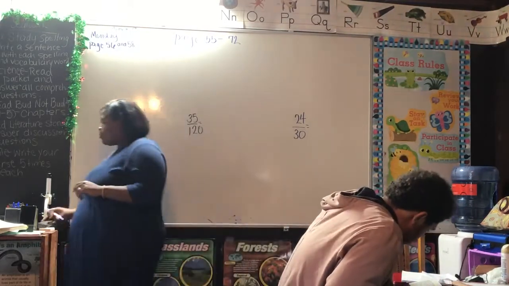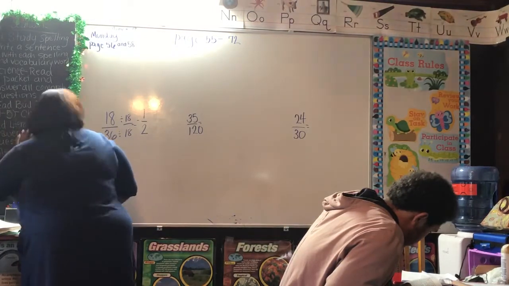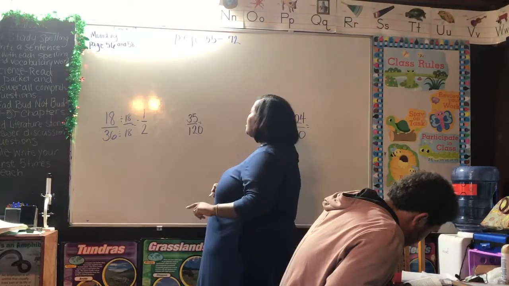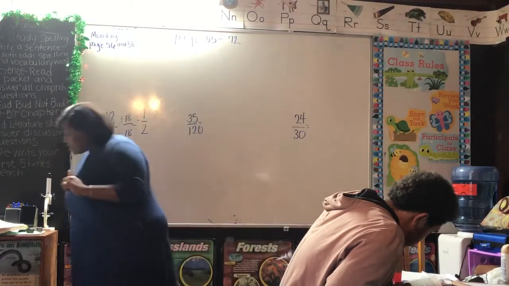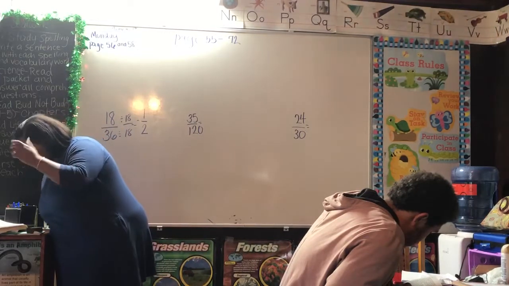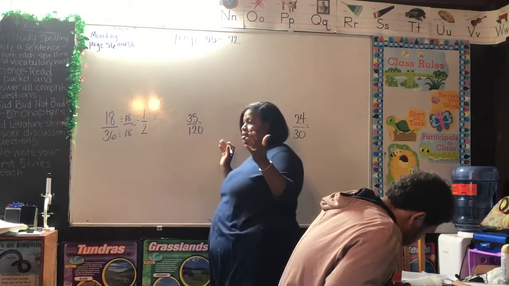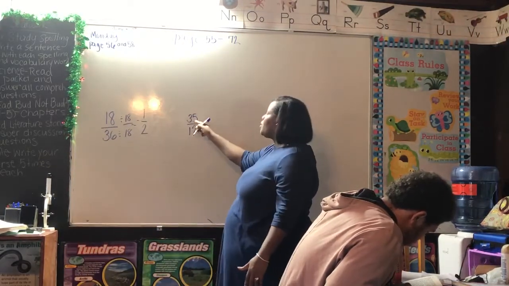Okay, so 35 cannot. But guess what? 7 can, because 7 goes into 35. Remember how I told you it's only 9 numbers? Use 1, 2, 3, 4, 5, 6, 7, 8, 9 and say, can this one go into this?